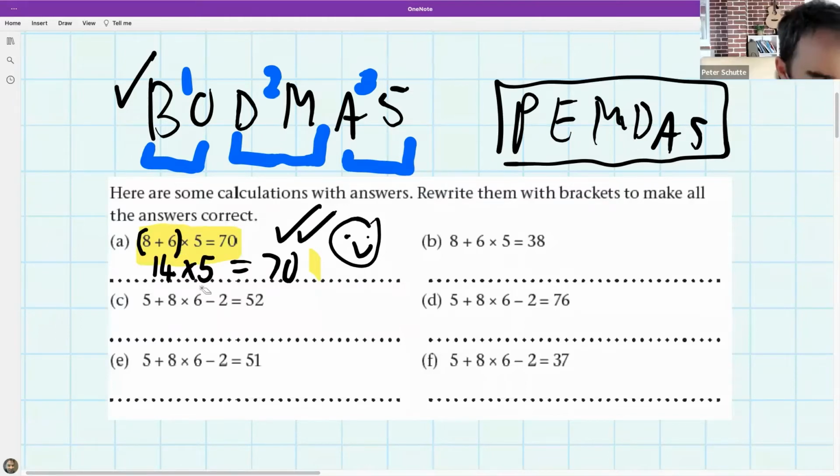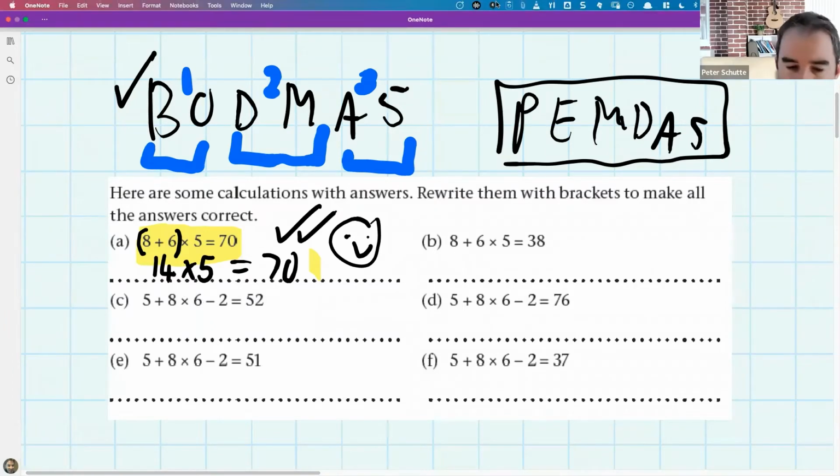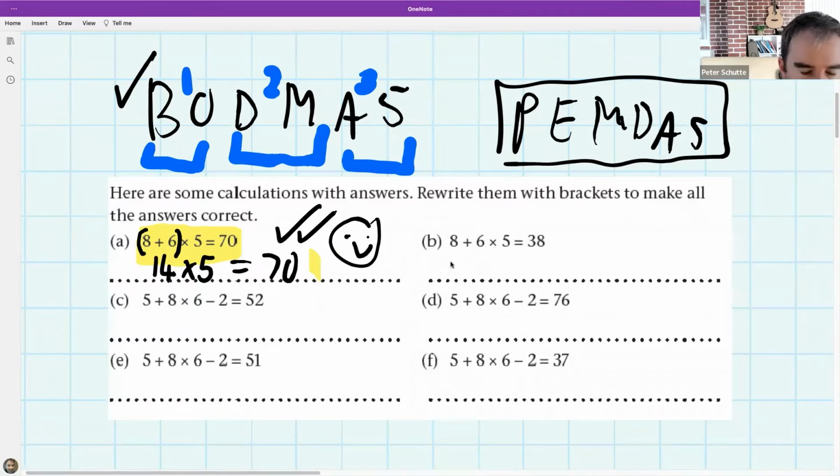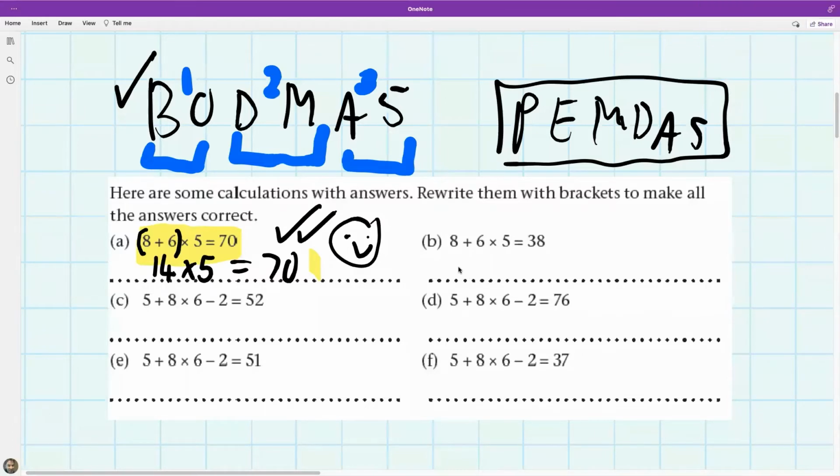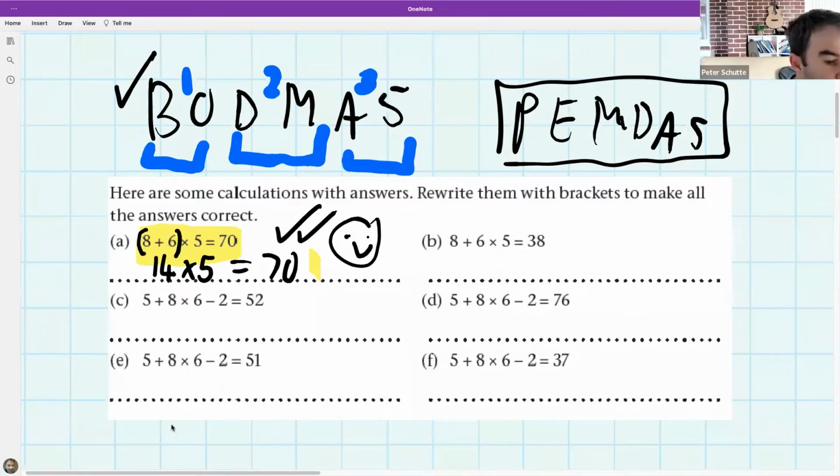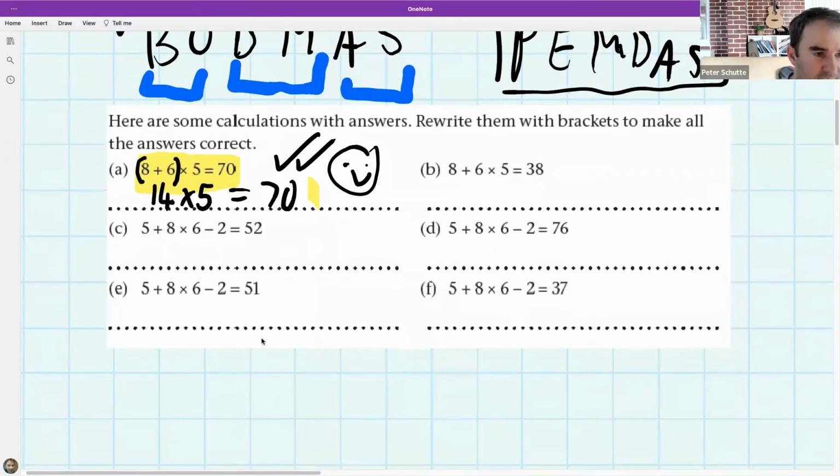Now, we have another question from Annalisa. So Annalisa, you can unmute your mic. Annalisa, you want to go ahead? Sir, I think you should put the brackets around 6 times 5 in number A. So if we do that, let's experiment with that.